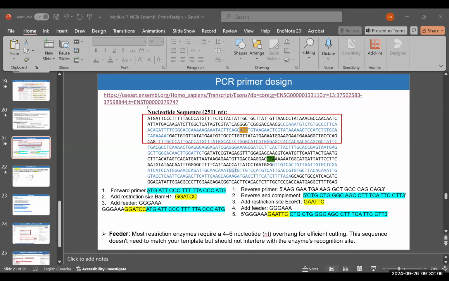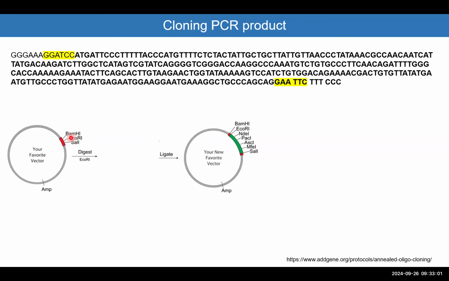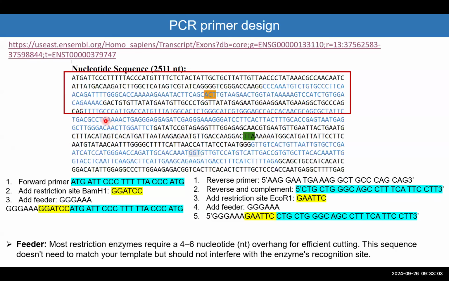But you can think about it in a different way, and I will give you a few tricks to help you think more about designing primers, especially for the reverse one, because in the reverse you still have room.